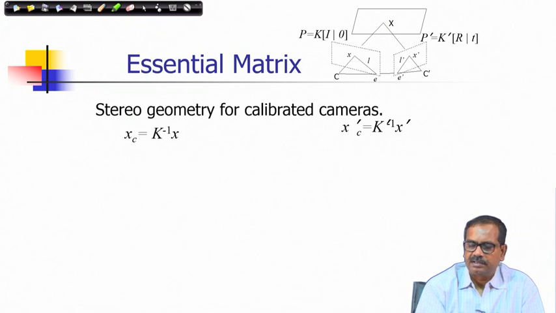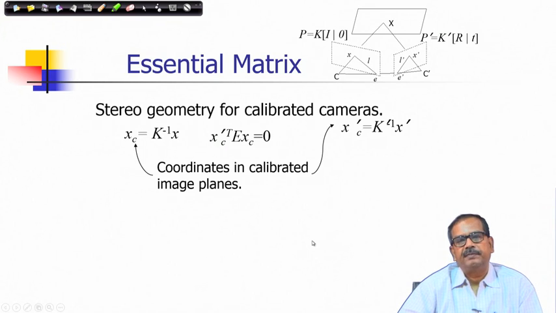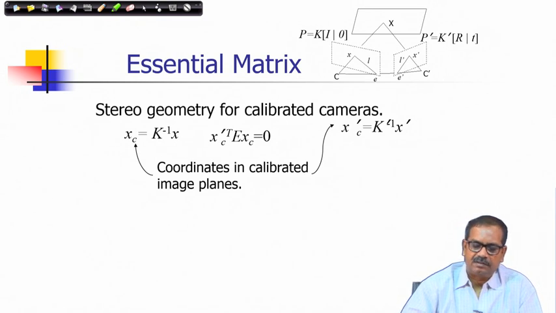Similarly, x' is converted to x_c' by applying the inverses of their respective calibration matrices. Now, if I apply the relationship of the fundamental matrix in this setup, then that matrix is called the essential matrix E, but the relationship remains the same: x_c'^T E x_c = 0.